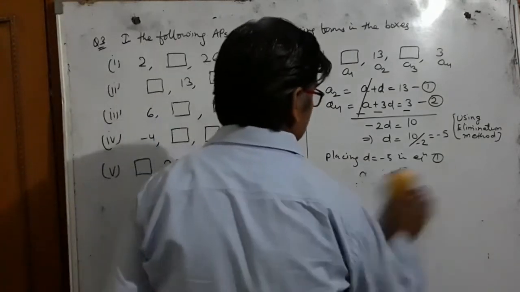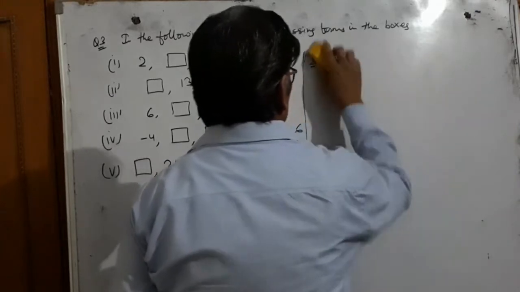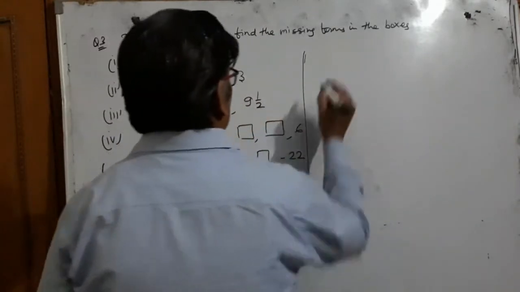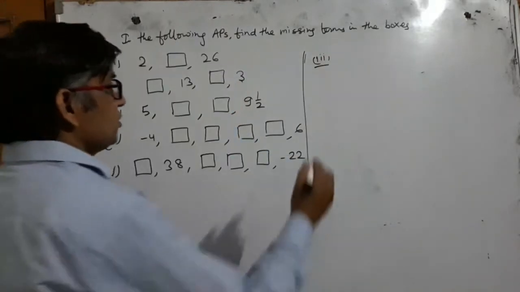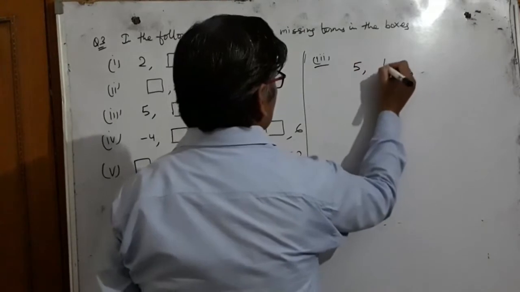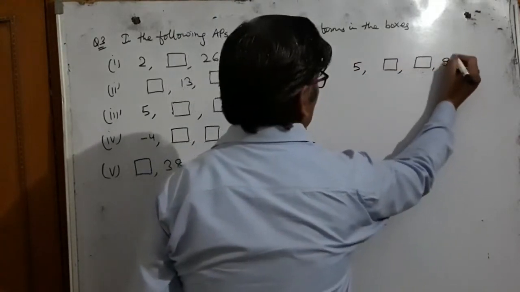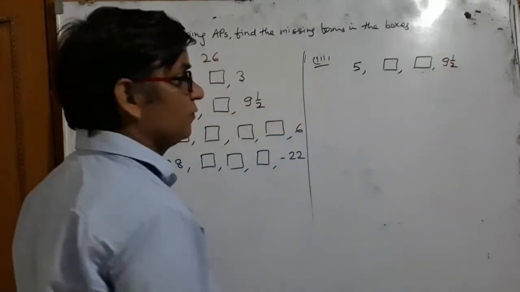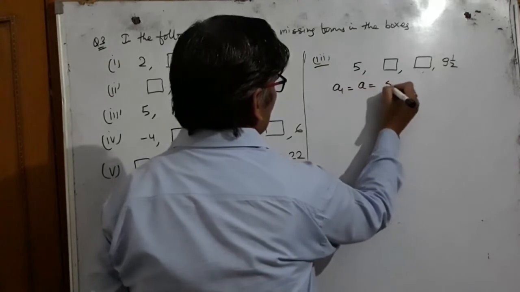Now part 3. The first term is 5 and the fourth term is 9.5. A1 equals A equals 5.